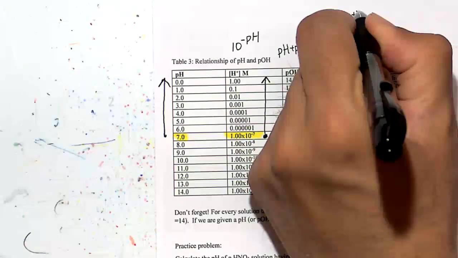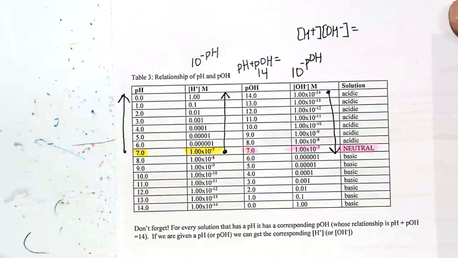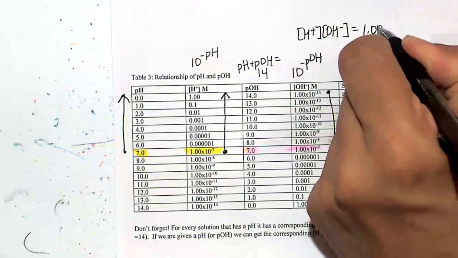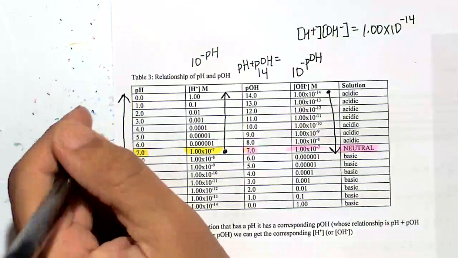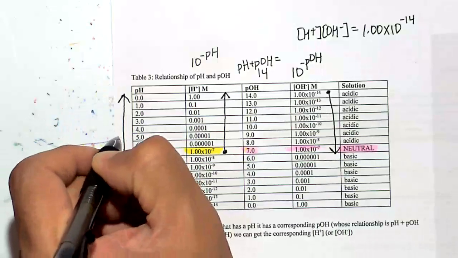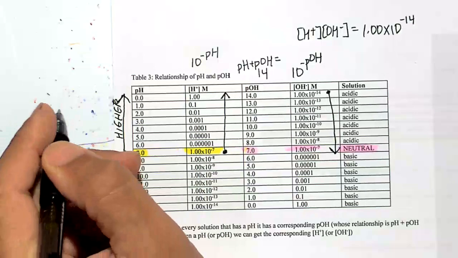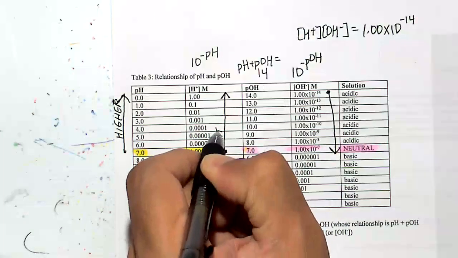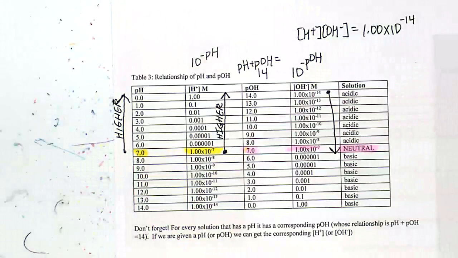Remember, H plus times OH minus equals KW, which is 1 times 10 to the minus 14, at 25 degrees. So here, as the H plus concentration is getting higher, what's happening to your pOH? Your pOH is getting lower, okay?